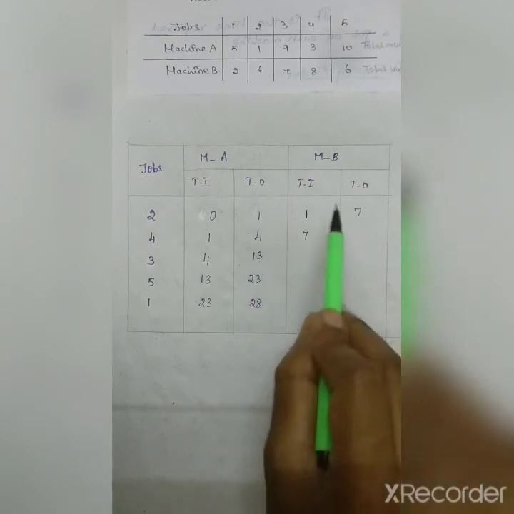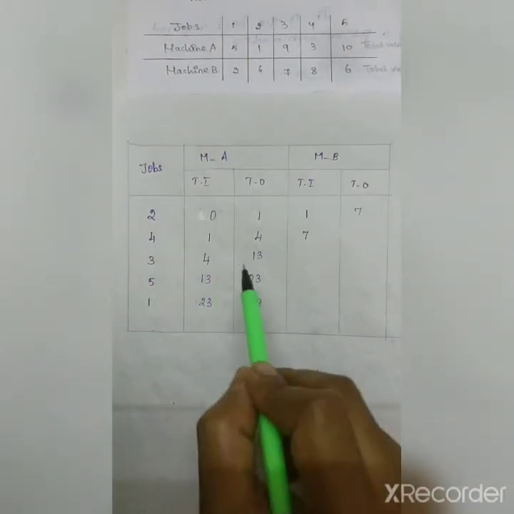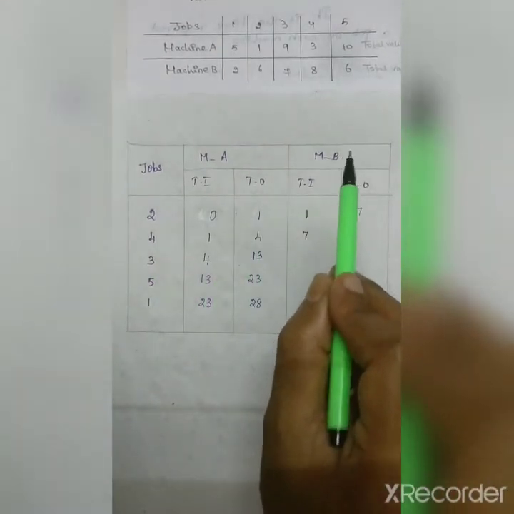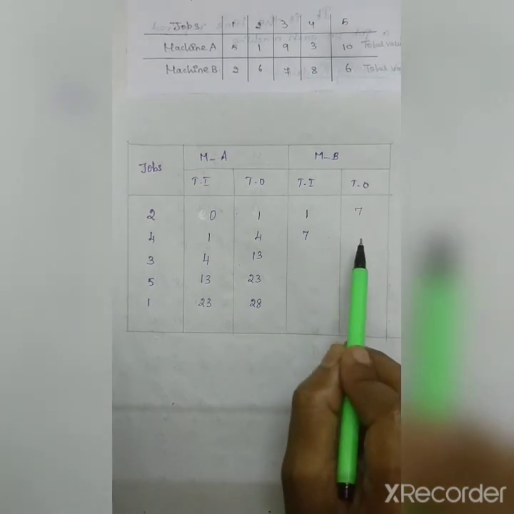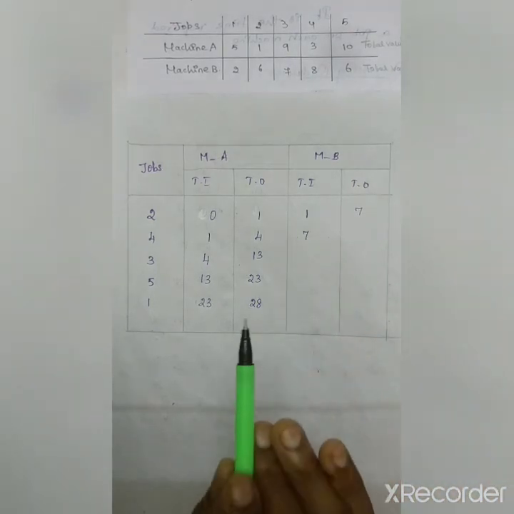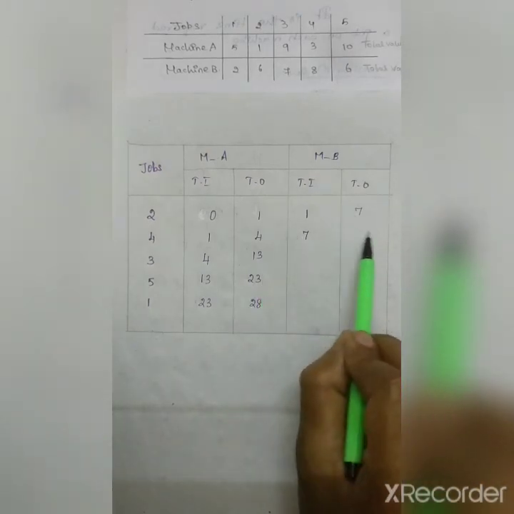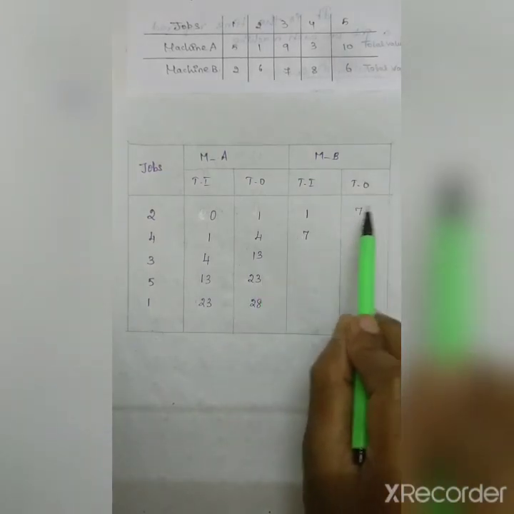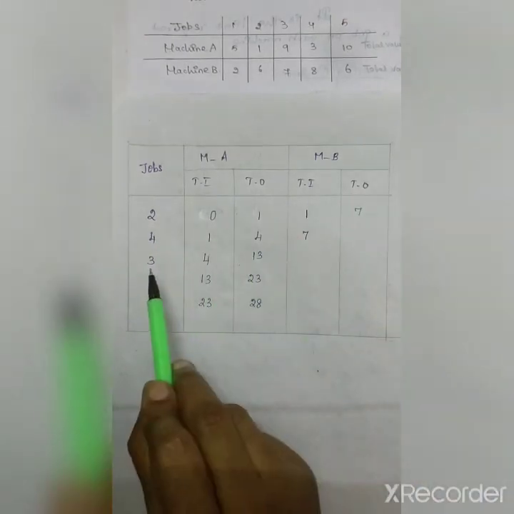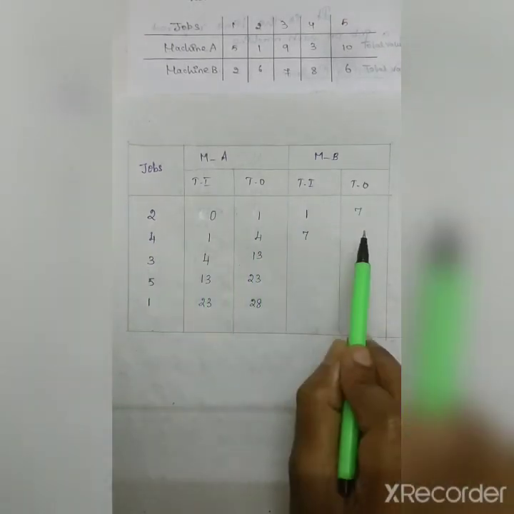But machine B will be busy up to 6 o'clock only, so you have to wait 3 hours. After the second job is over at 6 o'clock, the fourth job appears next.